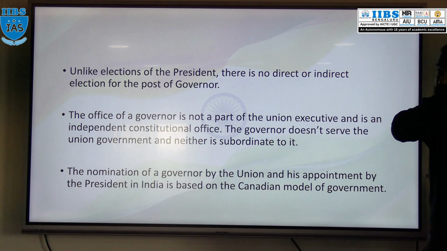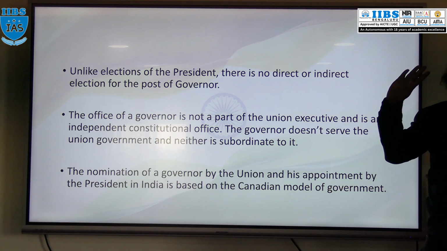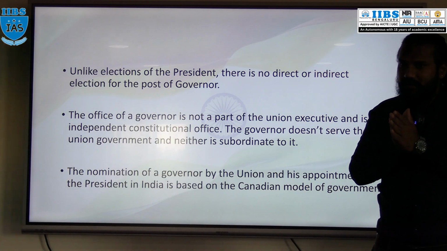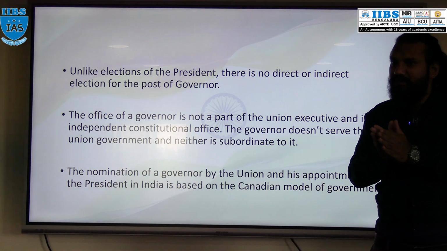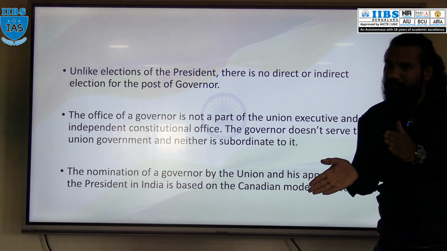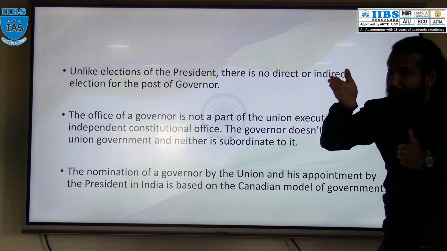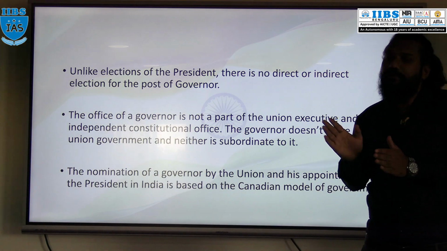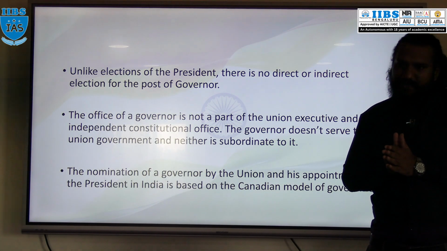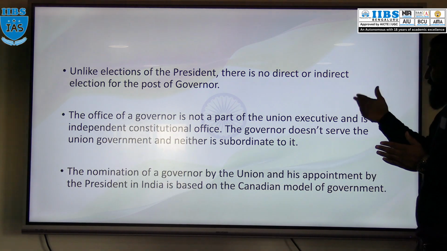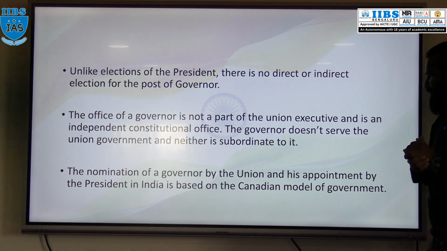The Governor does not serve the Union government, though the Governor is appointed by the President. The Governor's office is not subordinate to the Union government. It is an independent constitutional office. You are understanding? So the Governor should act independently. That we will discuss.